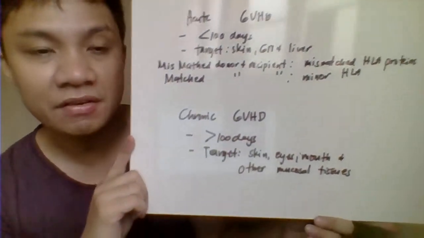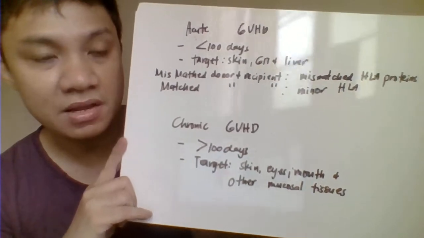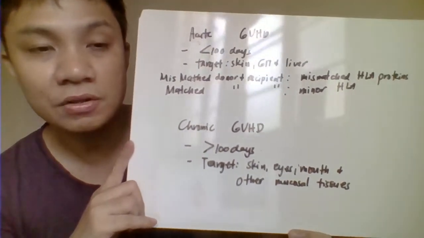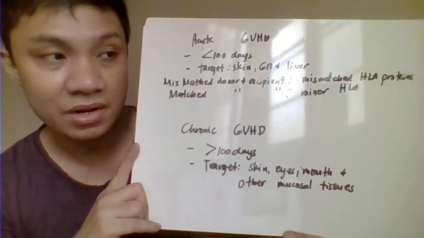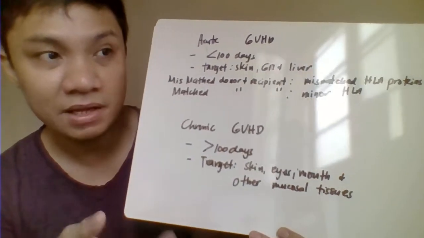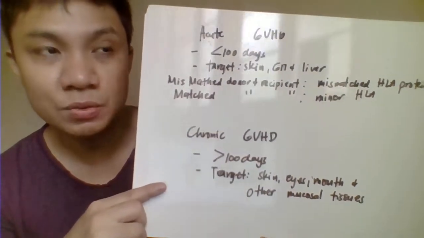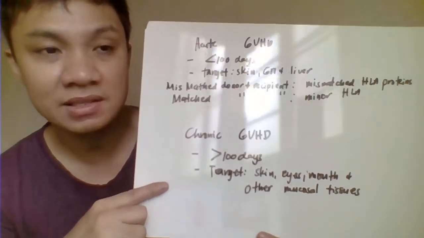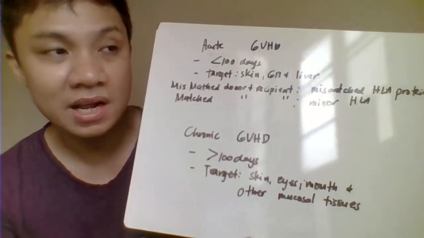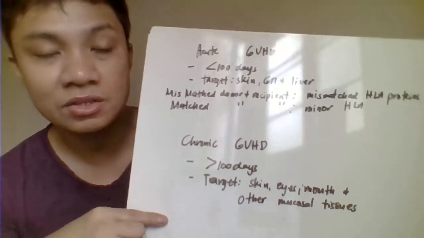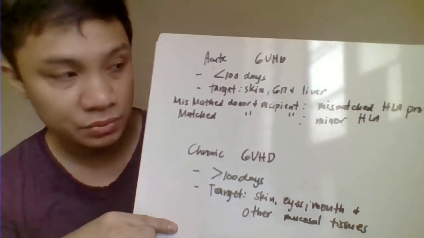Okay, classification of your graft versus host disease could be acute and chronic. Acute occurs less than 100 days after the transplantation or the blood transfusion. And these grafted tissues containing immunocompetent T lymphocytes target for destruction the skin, the gastrointestinal tract, and even the liver of the patient or the host.